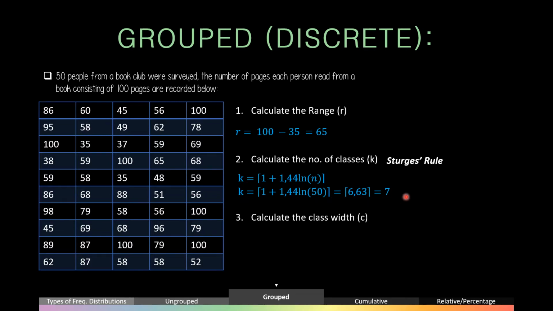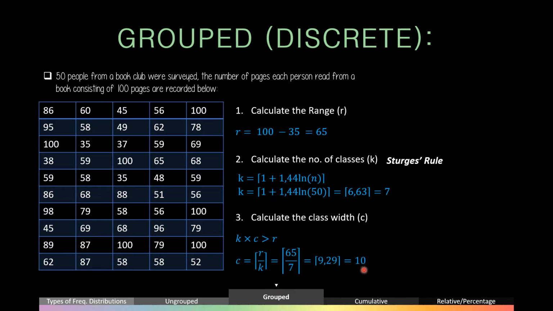The third step is we want to calculate something called a class width. We're going to refer to this as C. Now, K multiplied by C must be greater than R. So you can physically do this by putting in numbers for C, where K multiplied by C gives you a number that is greater than R. Or you can just use this approximate formula where C is going to equal the rounded up value of R divided by K. So that's 65 divided by 7 for our data, which gives us an answer of 9.29.